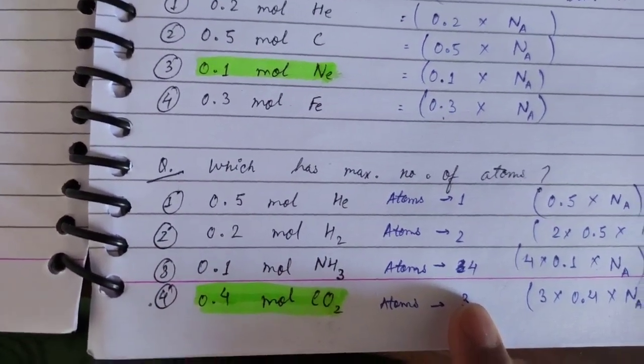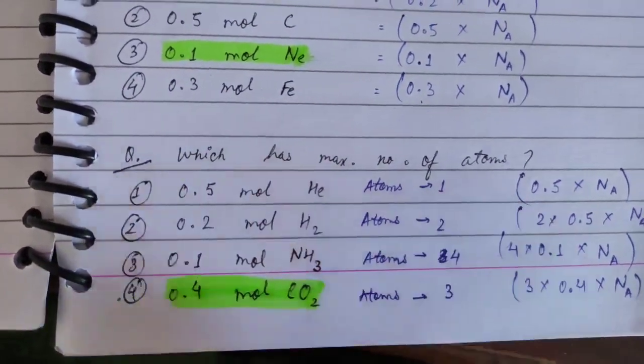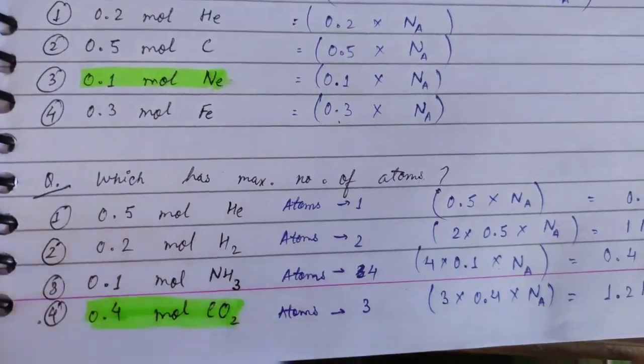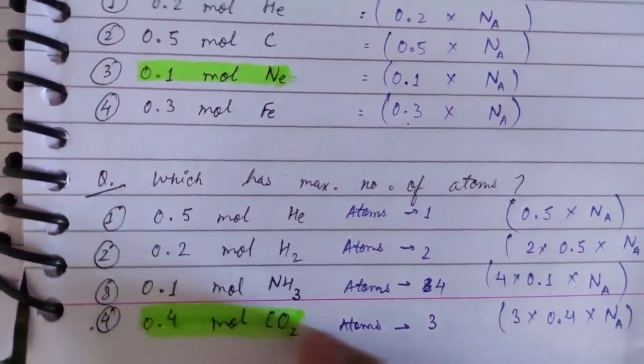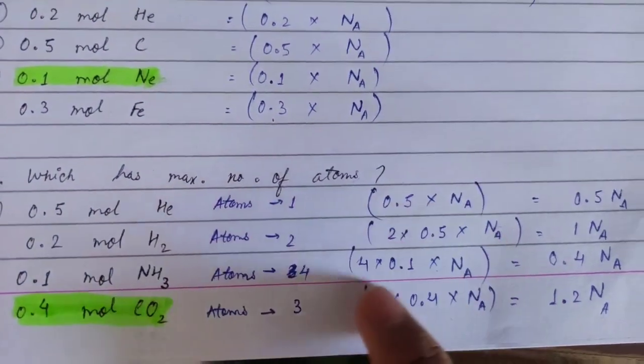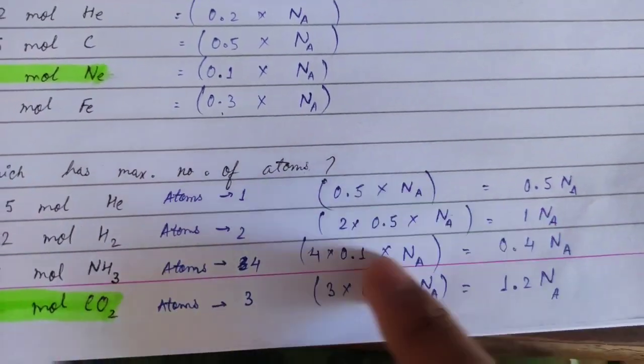Now for finding which has the highest, we multiply atoms into moles into Avogadro's number, which will give us the actual number. So 1 into 0.5 into Na. Now there are 2 atoms, so 2 into 0.5 into Na, which is 1 Na.